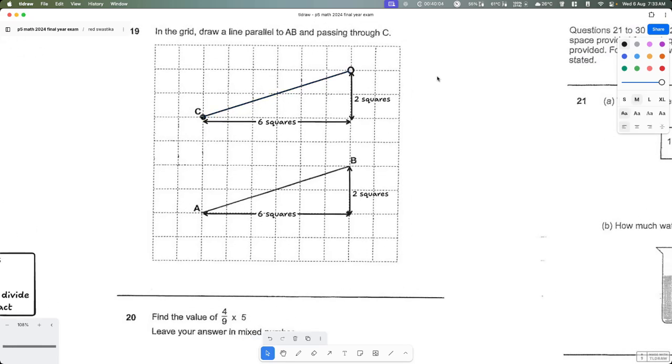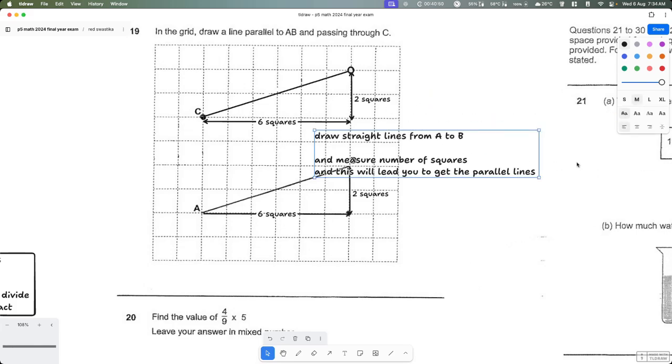So in essence, draw straight lines from A to B, and measure the number of squares, and this will lead you to get the parallel lines.